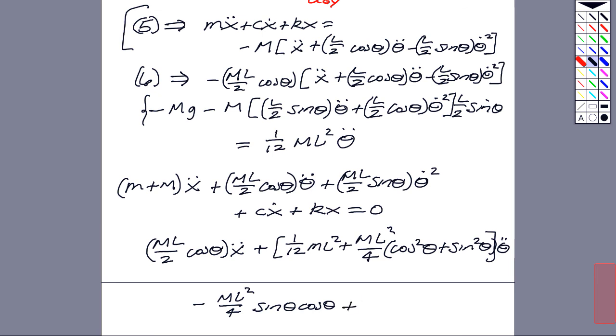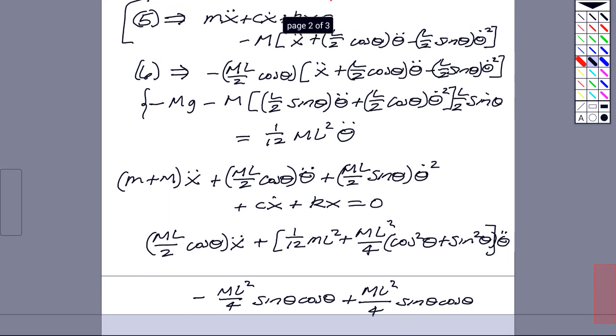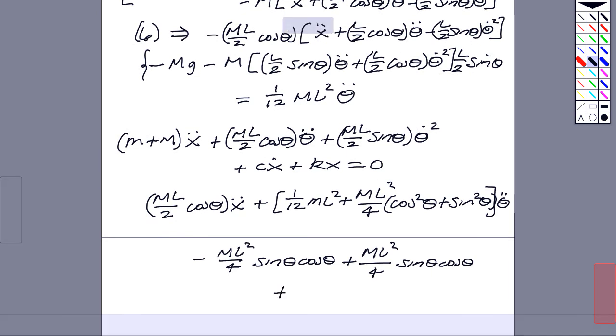So this is m L squared over 4 sine theta cosine theta. And I think that what will be left over will be an m g L over 2 sine theta, like this.